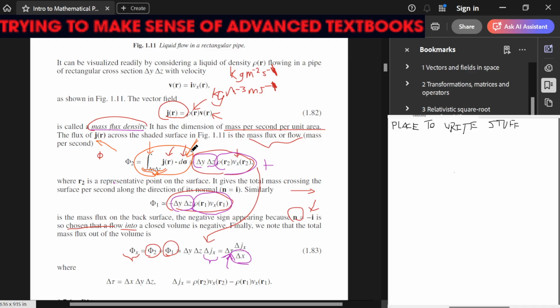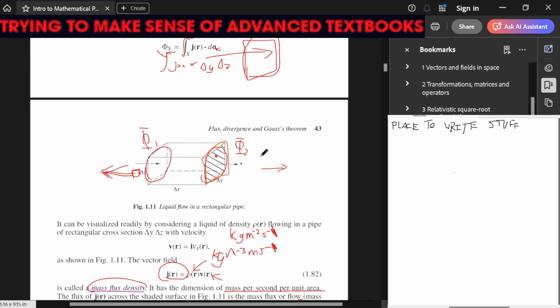So I think the sigma, the differential area vector, I think that has components of 0, 0, and I don't know, because that's what it is. The normal is just i.